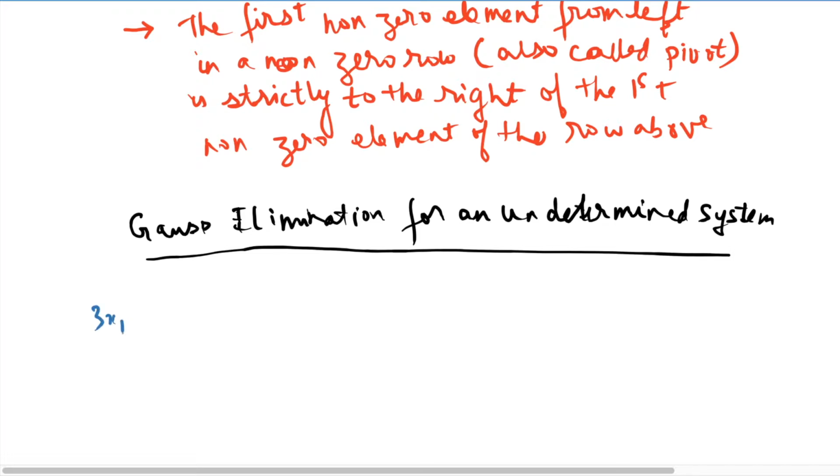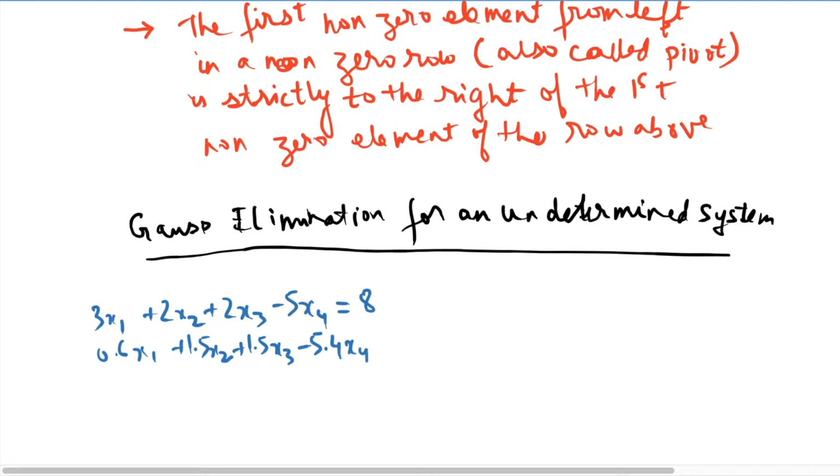So this is 3x1 plus 2x2 plus 2x3 minus 5x4 is equal to 8, and let's say 0.6x1 plus 1.5x2 plus 1.5x3 minus, let's say, 5.4x4 is equal to 2.7, and 1.2x1 minus 0.3x2 minus 0.3x3 plus 2.4x4 is equal to 2.1.